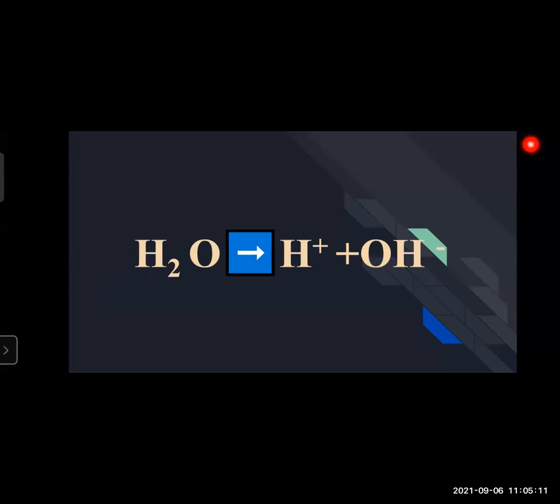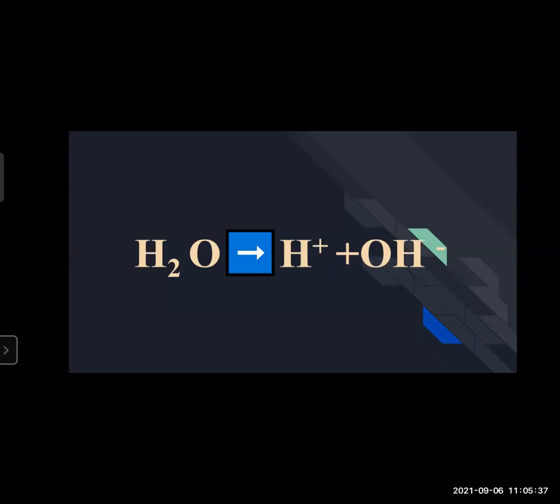If it is an acid like HCl, when it dissolves in water, it will give you H plus and Cl minus ions. If it is a base like NaOH or KOH, NaOH is sodium hydroxide, KOH is potassium hydroxide. It is a base because its radical is OH. It is a basic solution.